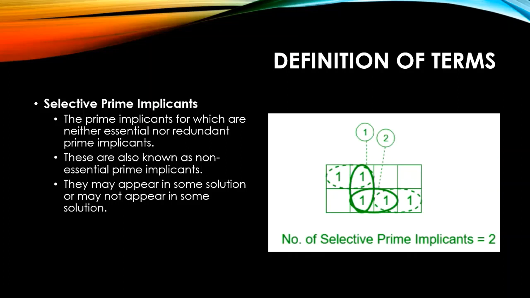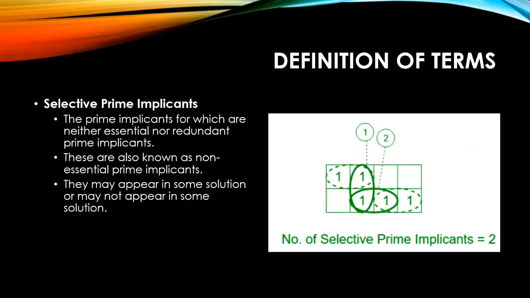That is considered a selective prime implicant because we don't need both groups, we only need one of these two groups for our final result. Because if we include both, neither will have an exclusive one. But if we retain at least one of these prime implicants, we could have one exclusive min term for that group.